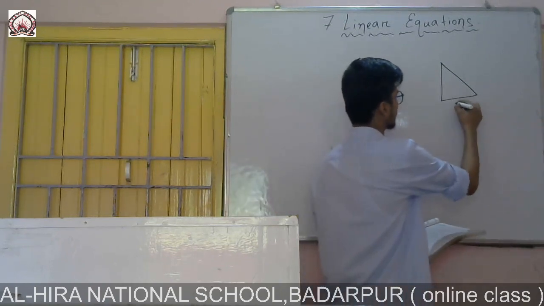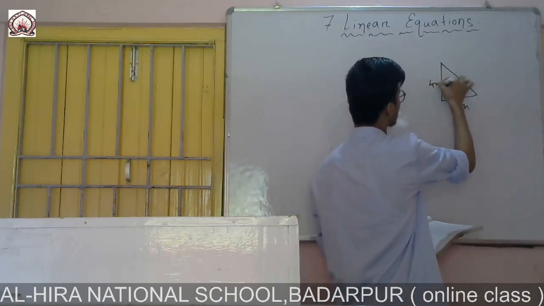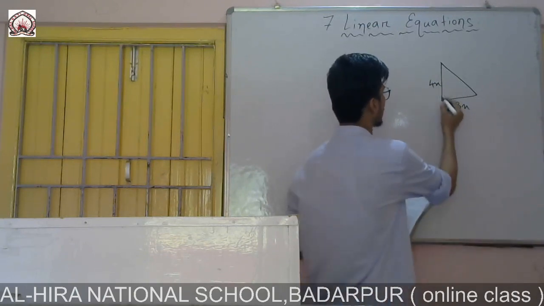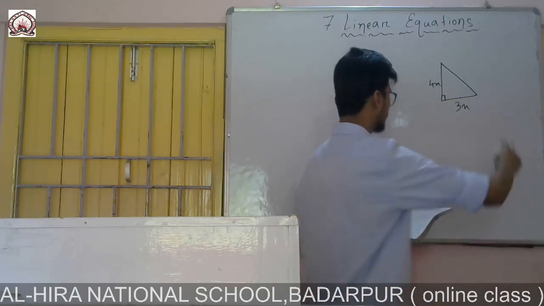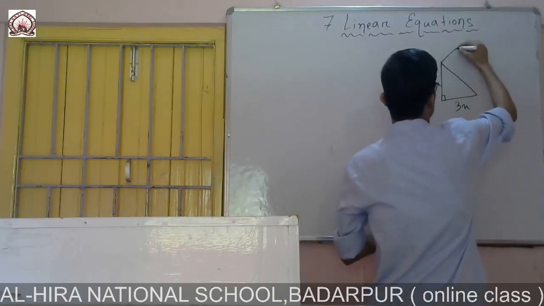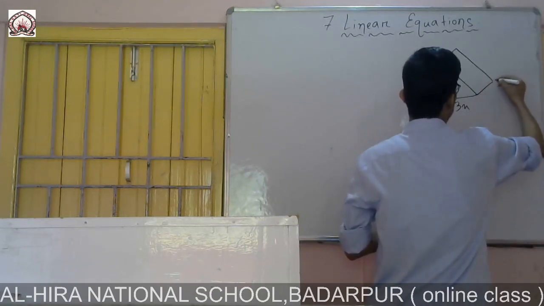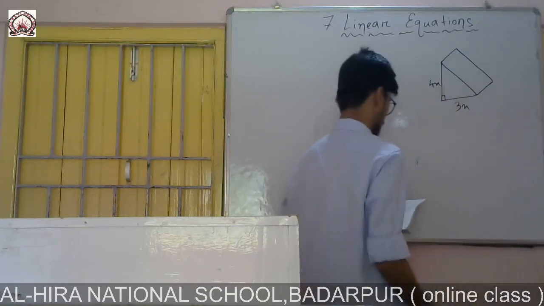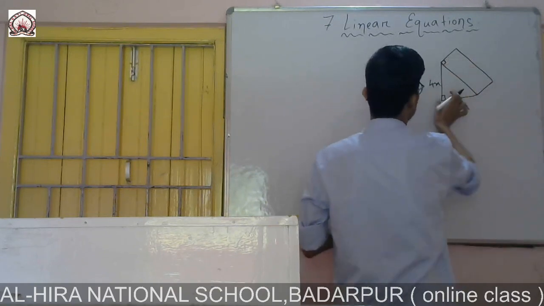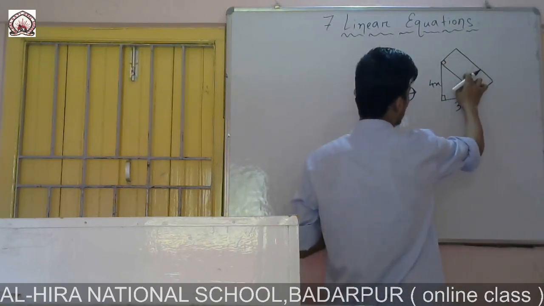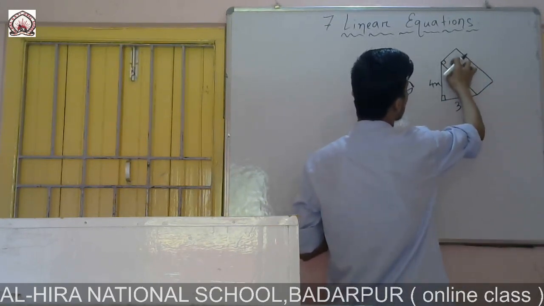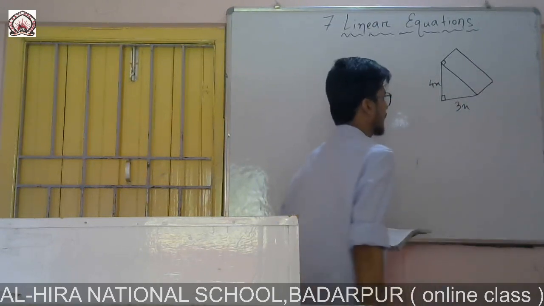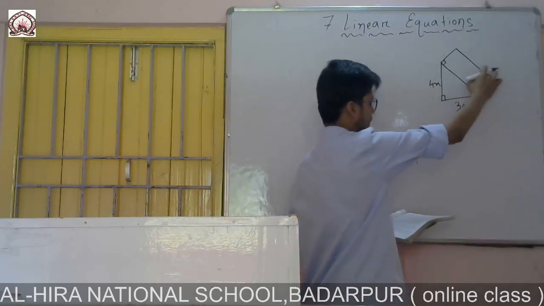That means I can write the sides as 3x and 4x. This is a right triangle and on its hypotenuse a rectangle is described. So the hypotenuse of this triangle will be equal to the length of this rectangle.